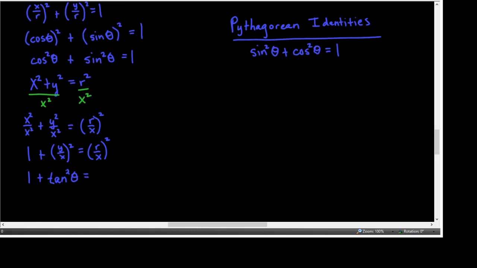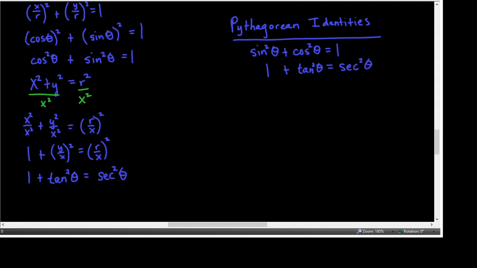R over x, what is that? Well, that's secant of theta, that it will be squared, and the abbreviated form of that is secant squared theta. So that's the second Pythagorean identity. And again, these are all things that you should commit to memory.